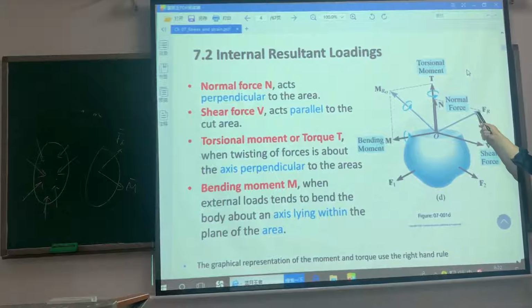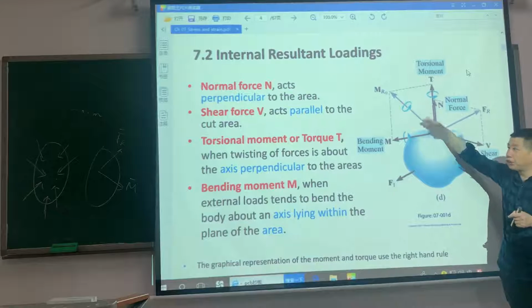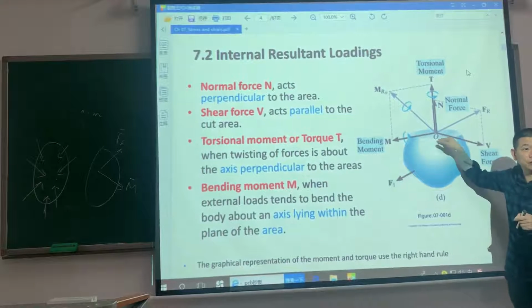When we resolve it into its three components, one is perpendicular to the section.